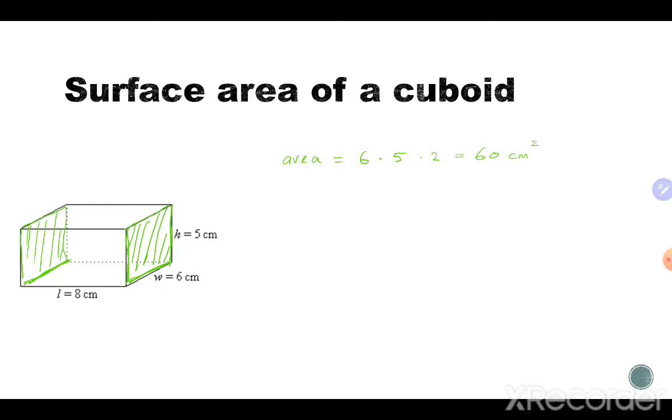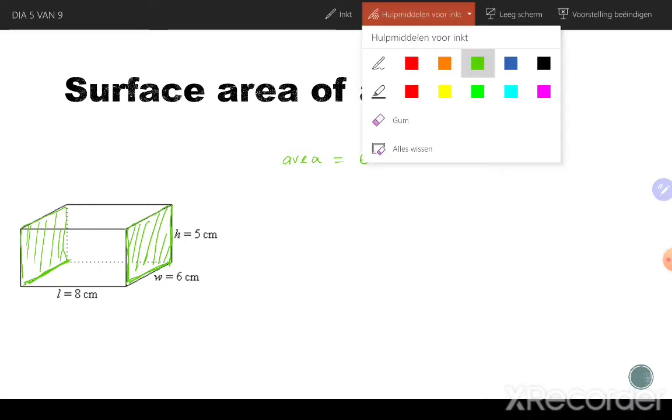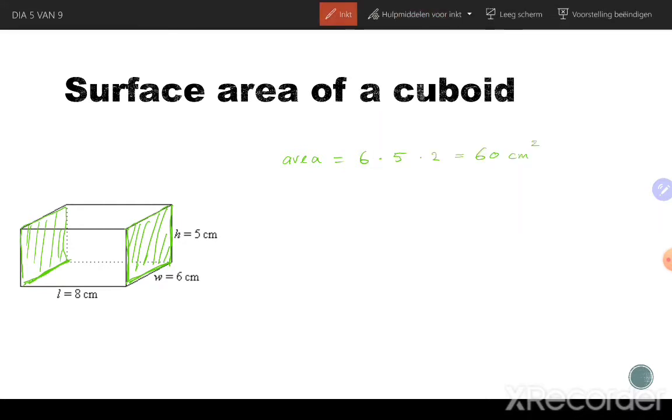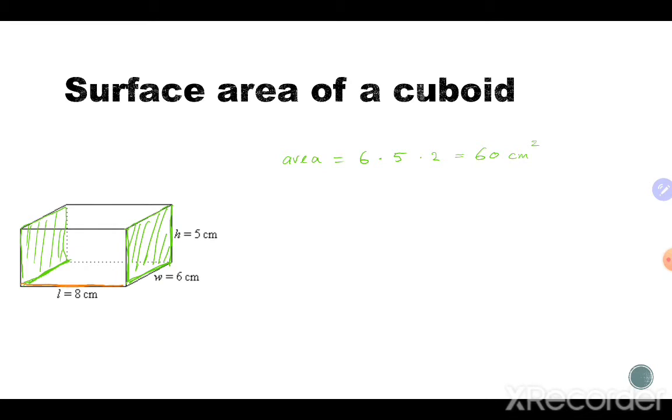Alright, we're going to look at the front side of my cuboid. The front side of my cuboid has a length of 8 and a height of 5. So the area of the front side is 8 times 5.